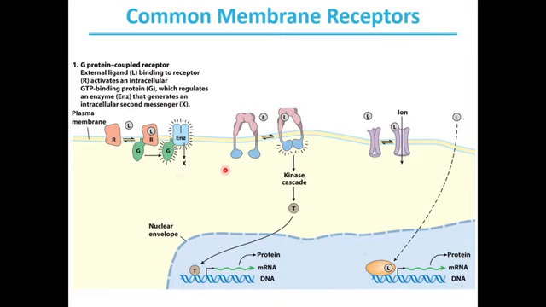In the second kind of membrane receptors, these are called tyrosine kinase receptors. Ligand binding L to a receptor activates this tyrosine kinase, and this is an enzyme-linked receptor, which means that this receptor has an enzymatic activity. To be specific, this particular receptor is a tyrosine kinase, which means that it phosphorylates tyrosine residues in proteins.